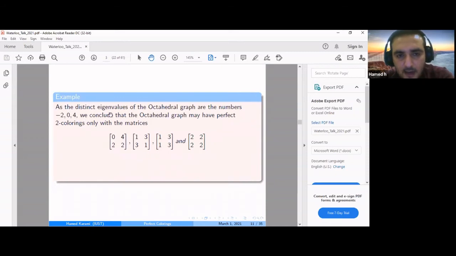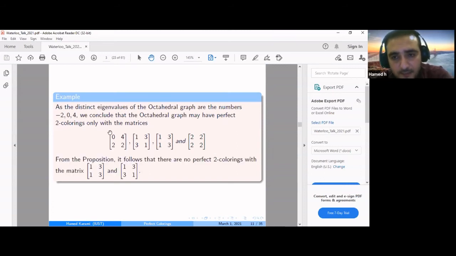As the distinct eigenvalues of the octahedral graph are the numbers -2, 0, and 4, we conclude that the octahedral graph can have perfect two-colorings only with the following matrices. You can see here that the eigenvalues of this matrix are 4 and -2. They are eigenvalues of the octahedral graph.